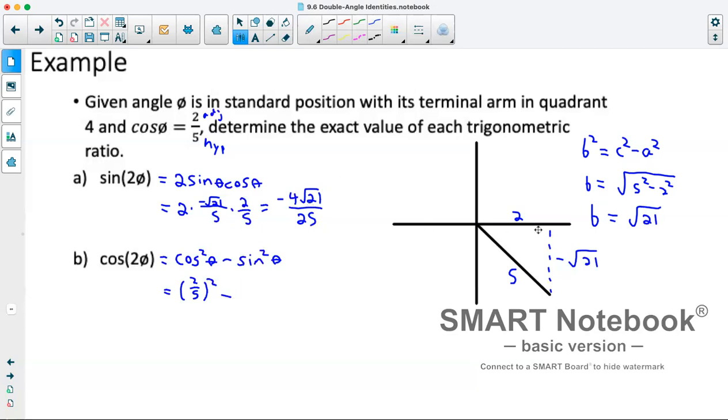Sine is negative root 21 over 5, and we're squaring that. That's 4 over 25 minus 21 over 25, giving us negative 17 over 25.